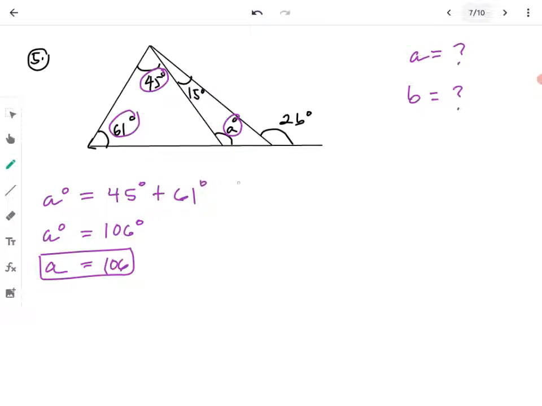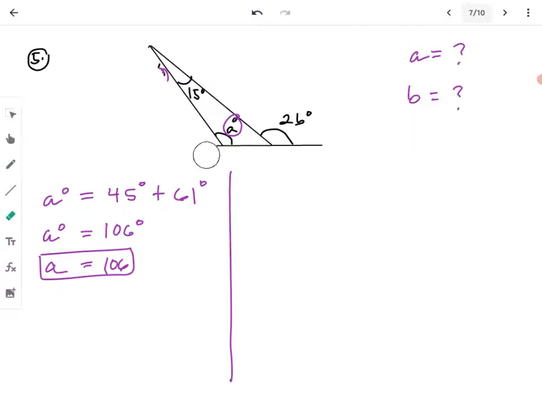How about B? Notice that B is also an exterior angle. We can use 15. Supposedly let's erase this part of the figure. As you can see, 2B is an exterior angle, and we can make an equation of that using the 15 and the A, because 2B is the exterior angle relative to 15 and A, because this one is also a triangle.